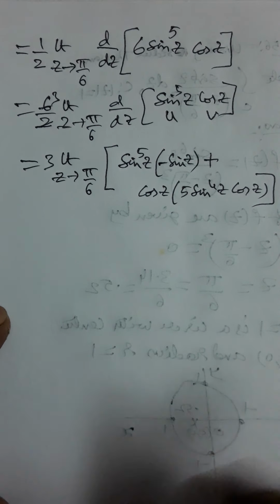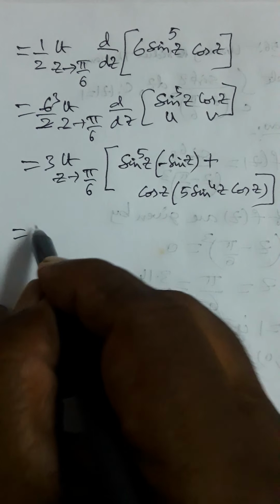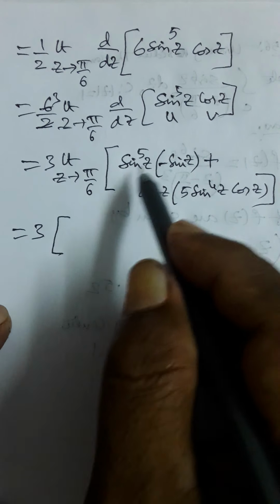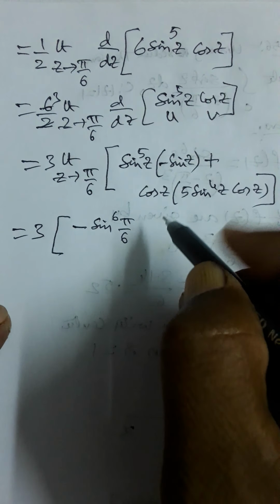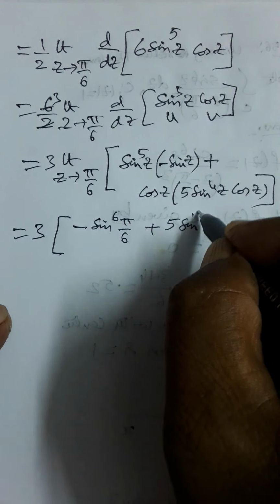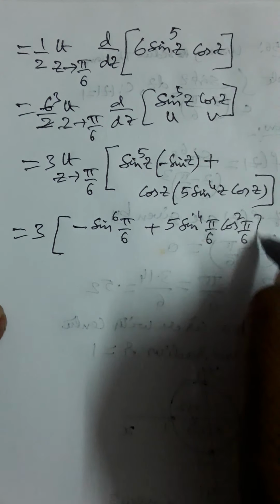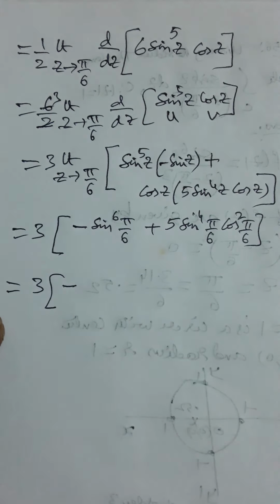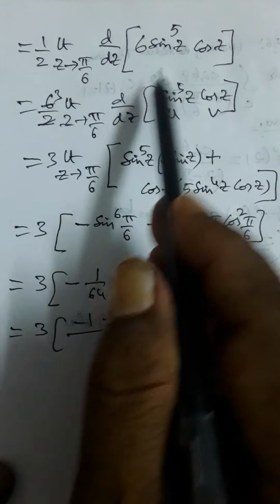Put pi by 6: 3 into (minus sin to the power of 6 pi by 6 plus 5 sin to the power of 4 pi by 6 cos square pi by 6).